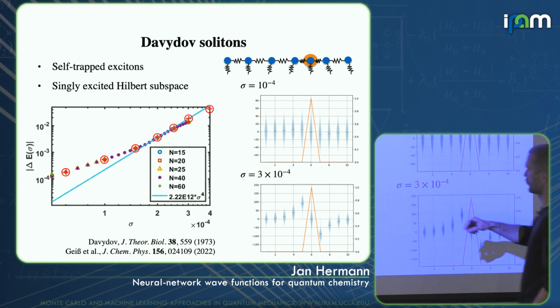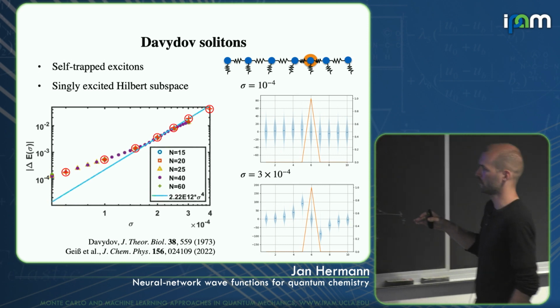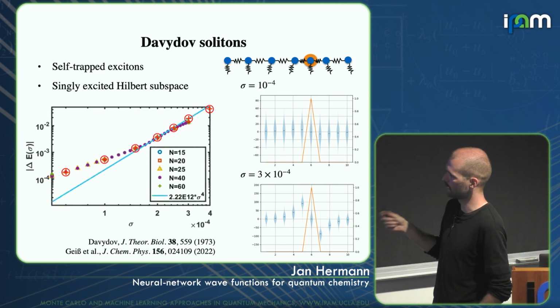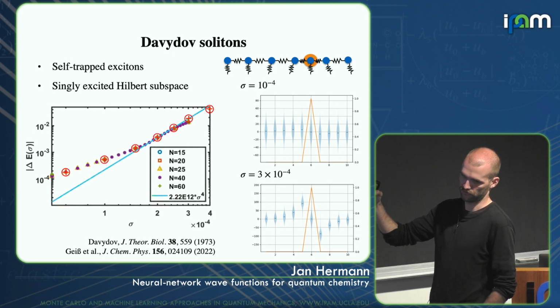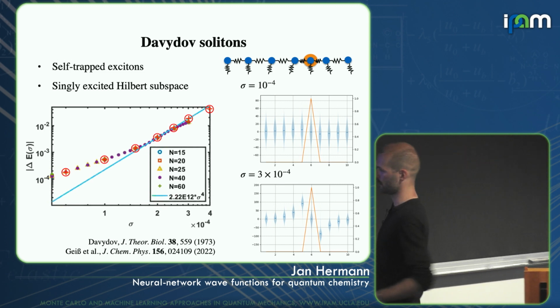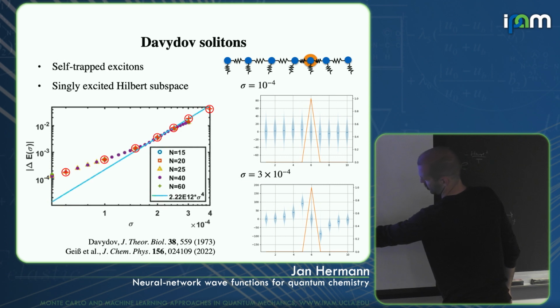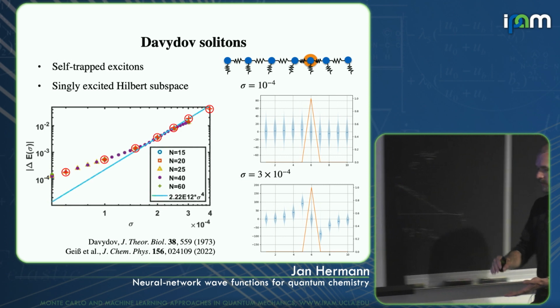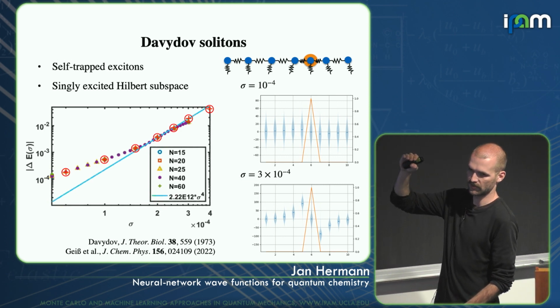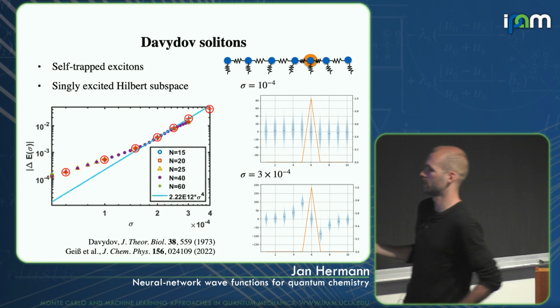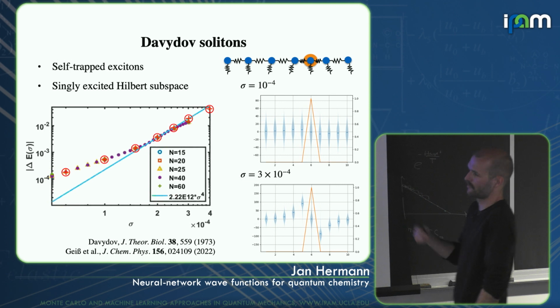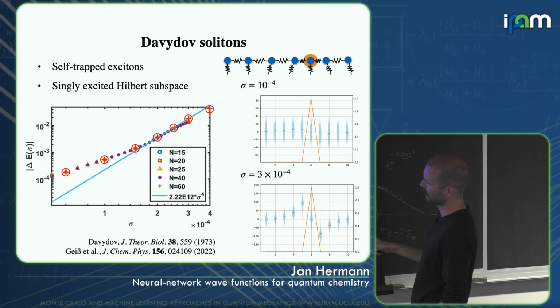That's essentially caused by the fact that if you do a full second quantization, even for the oscillators, you need to cut off the finite basis somewhere. But if you get to these points where the oscillators are completely displaced, then you would need to increase your basis as you increase your coupling strength to be consistent. And you can't do that beforehand without knowing what it should be, so you run into this problem.